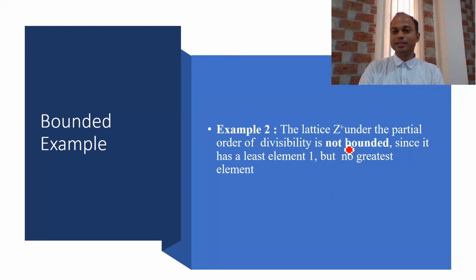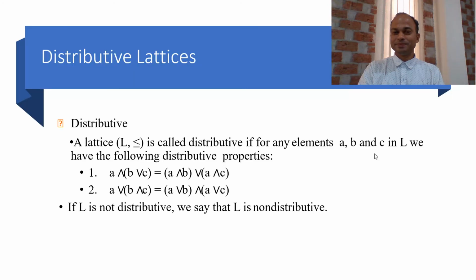But here we are taking Z plus, the set of positive integers. In the set of positive integers, we cannot find the greatest element, although it has the least element, which is 1. But there is no greatest element here. So we can say that this is not the case of a bounded lattice.